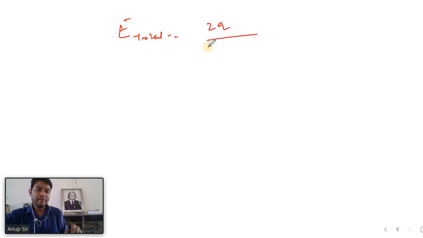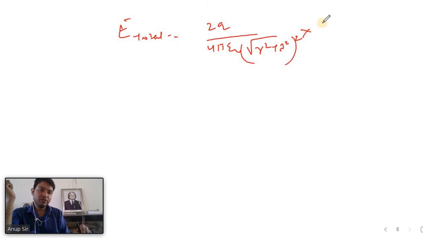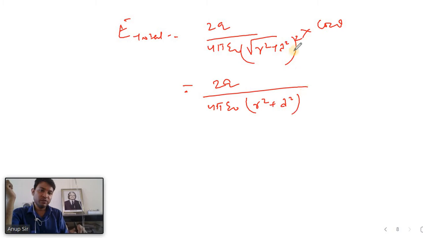The E total is equal to 2q divided by 4 pi epsilon naught, under root r square plus d square whole square, into cos theta. This becomes r square plus d square because it is a square root and on the outside there is a square quantity.